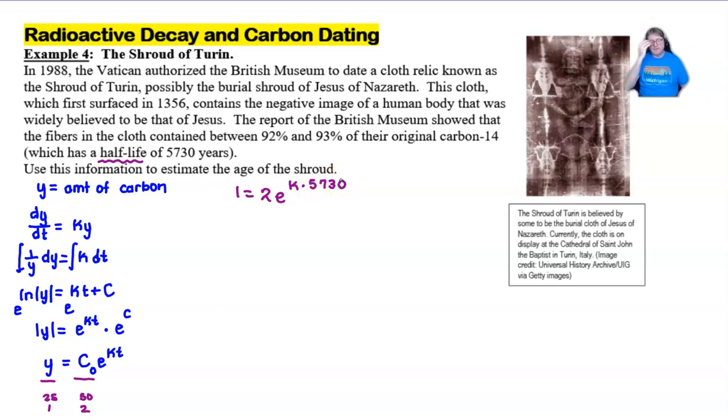And now you have an equation that you can solve for k. So like I said, we're going to divide by 2. And I might bring out that 5730 in front of the k. Now, the next couple of steps are going to be just a review from pre-calculus. So we're going to take the natural log of both sides.